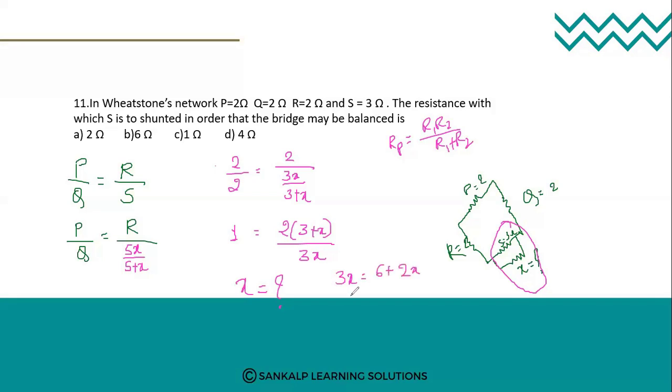So 3X minus 2X, X is equal to 6 ohm. Therefore the answer is option B. Option B is the correct answer, that is 6 ohm. If you connect 6 ohm at S, your circuit becomes balanced. So option B is the correct option. Hope everyone copied this.